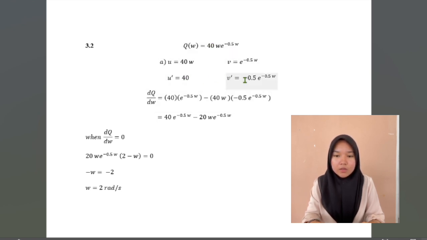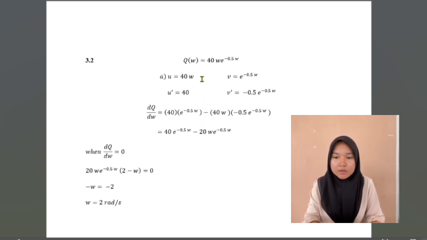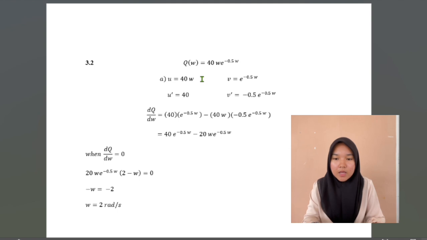So, for the product rule, here is the question: 40W e power of minus 0.5 W. So here, we're going to take 40W to be U, so U equal to 40W, and then we take e power of negative 0.5 W as V. So V equal to e power of negative 0.5 W. So here for U we differentiate it. U prime equal to 40.